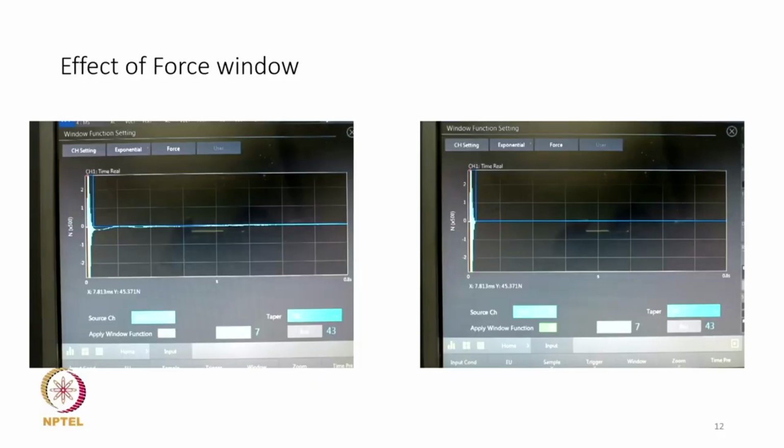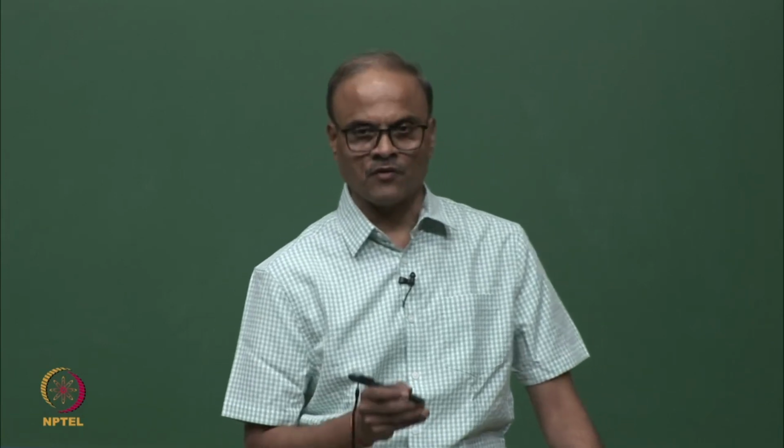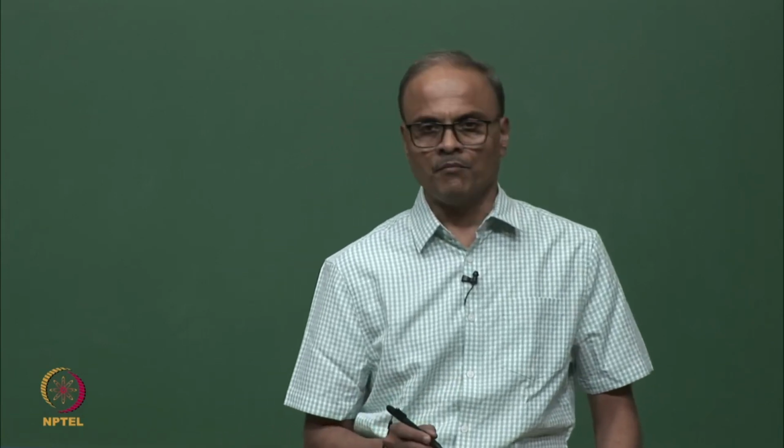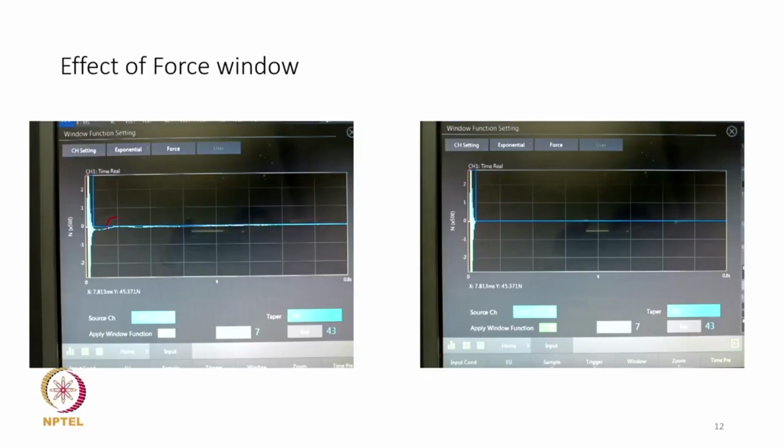So let us now try to see what is the effect of this force window, right. On the left hand side we have shown an overlay of the window with the force signal, before the window is applied, and we see that although the impulse that was applied has completely decayed, even after that there is some signal there. For example, we see this part, so there is some noise in the force signal.